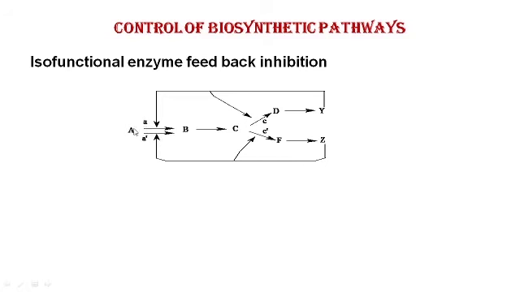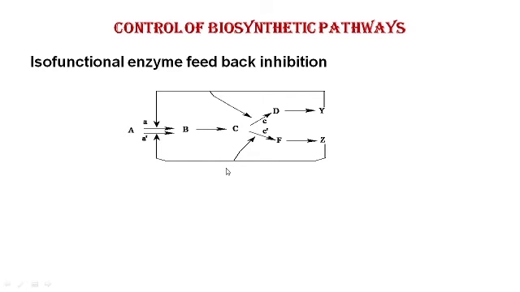Both have the same function of converting the substrate A to the product B. Similarly, ahead in the pathway we have the enzymes C and C prime, which use the same substrate but convert it to different products. So here only A and A prime are the isoenzymes.